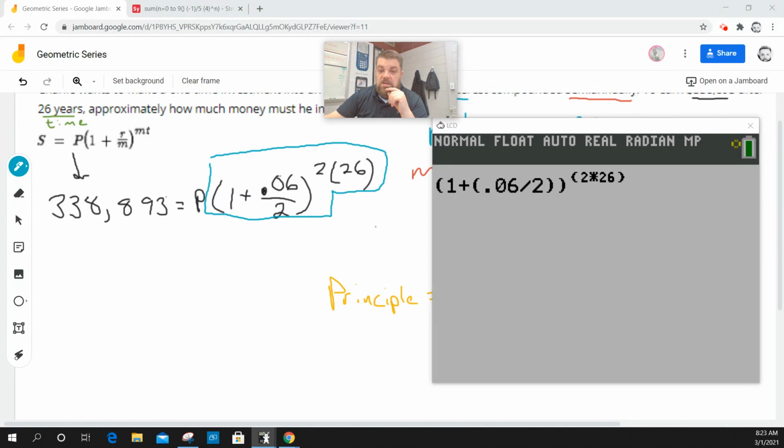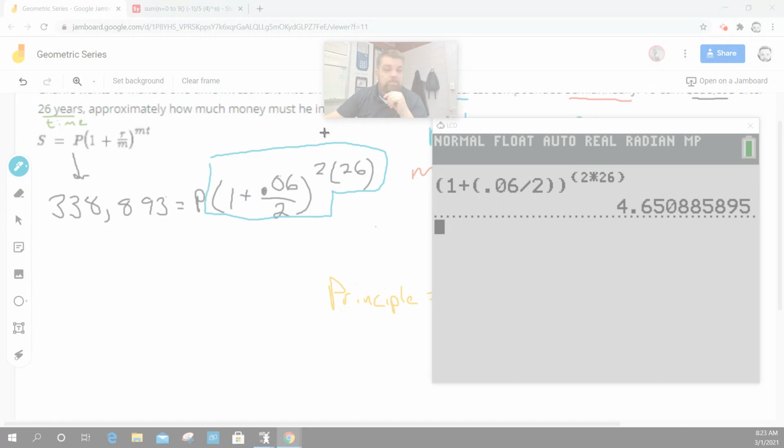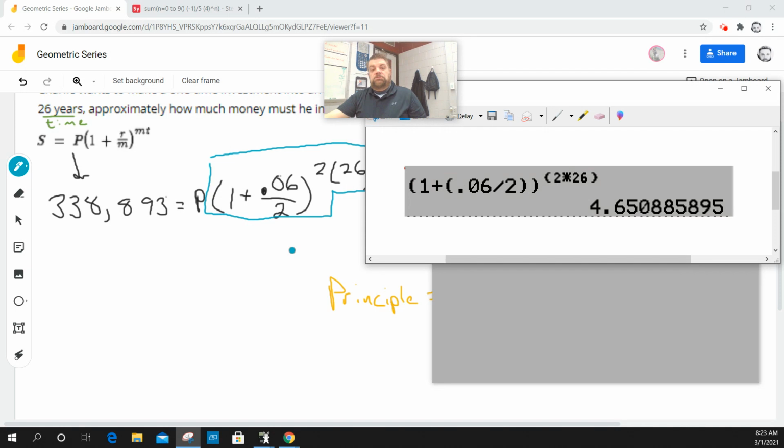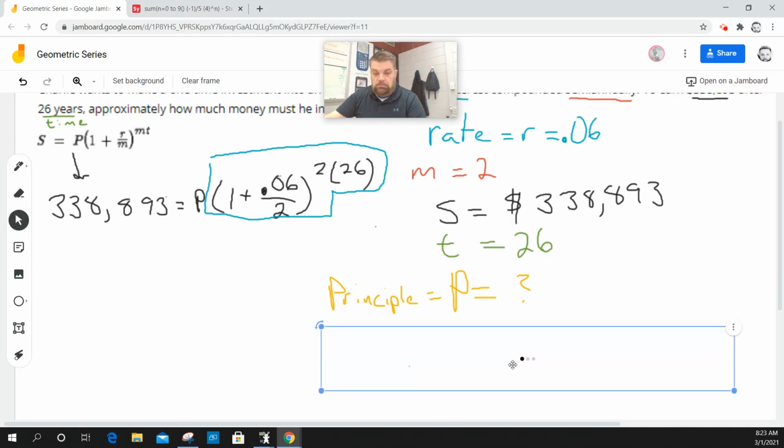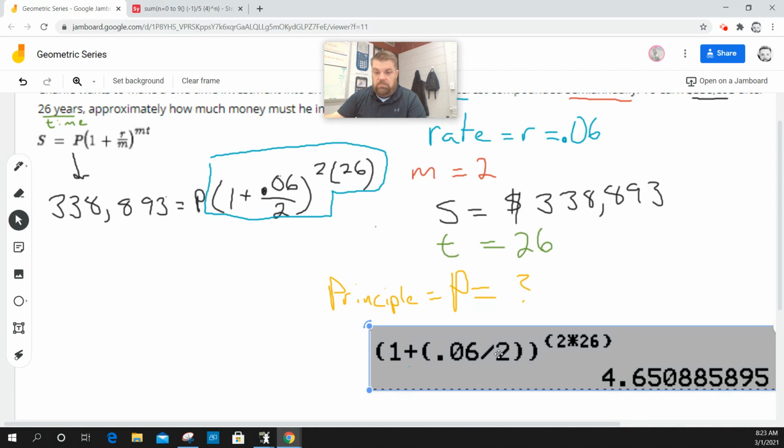Okay? So there's my answer. I'm going to take a snapshot, so that if you want to practice this again later, you'll know exactly how to enter it in the calculator. So that's the first thing I did. So what does that mean?